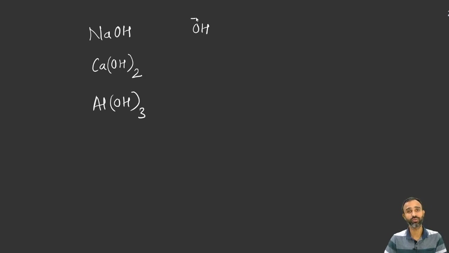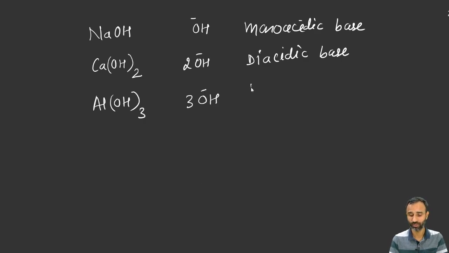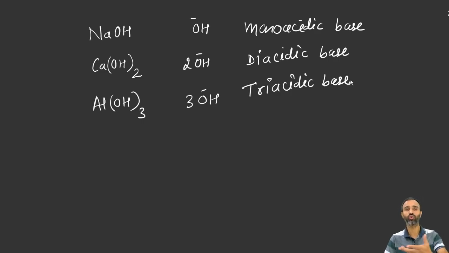Means if the base gives one OH negative ion per molecule, that is monoacidic base. If it gives 2 OH negative ions, it is diacidic base. If it gives 3 OH negative, it is triacidic base, and so on.